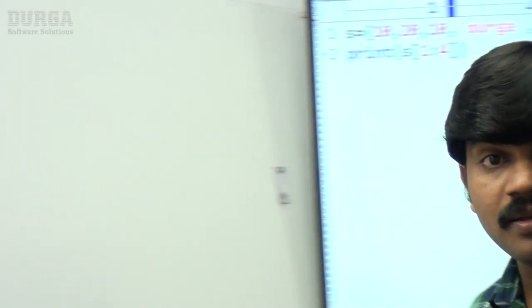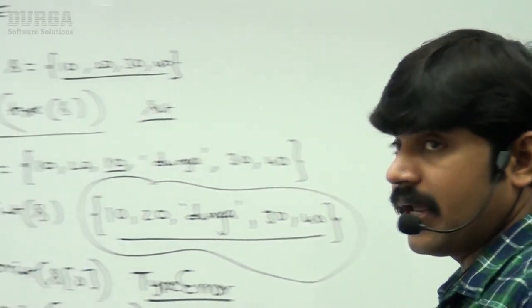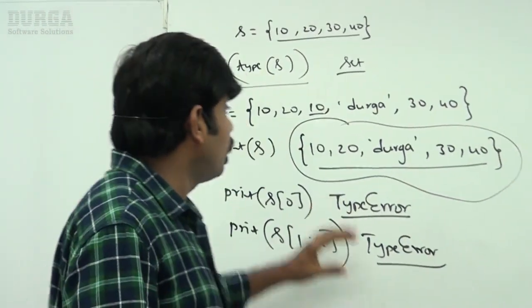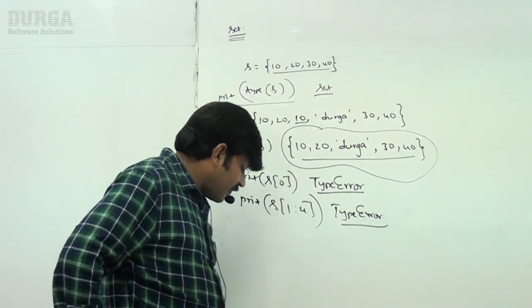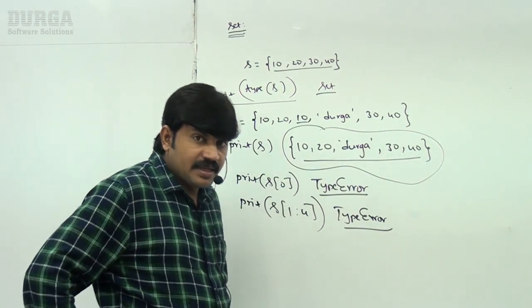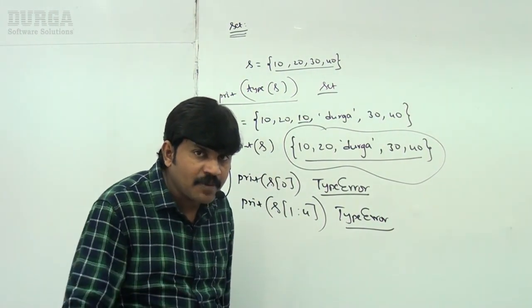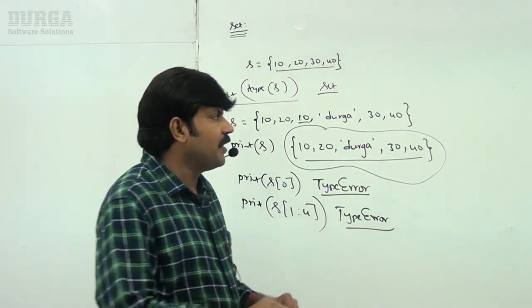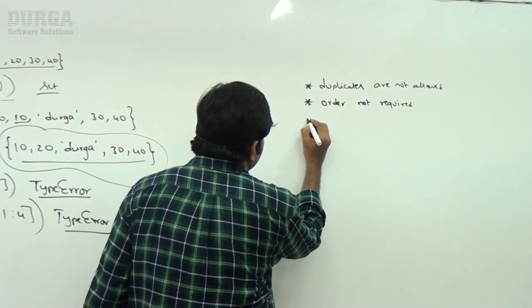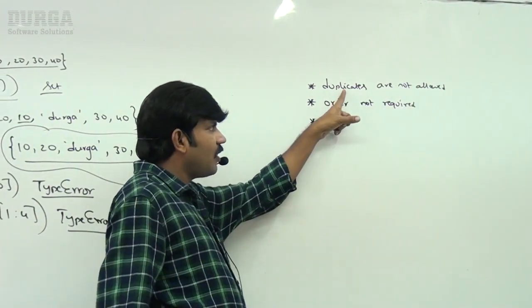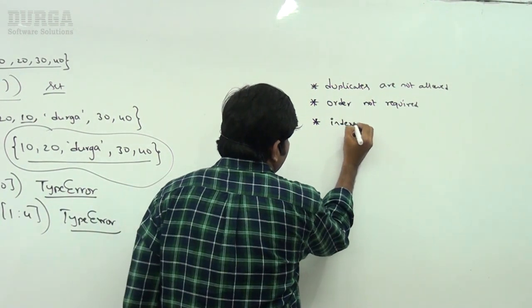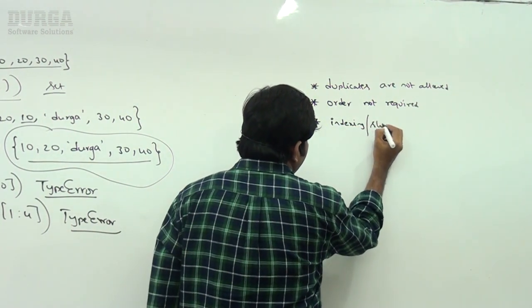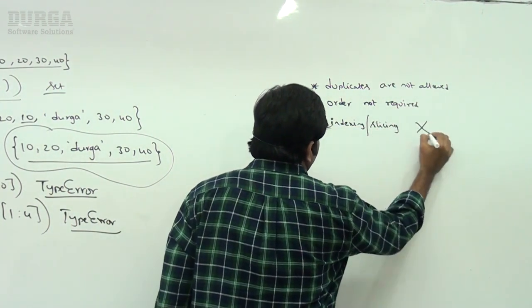Is everything very clear for you, right? You should have clarity about this terminology. Any doubt? Can you please tell me, for a set, is indexing and slicing applicable or not? Not applicable. Now here the third point: duplicates are not allowed, order is not required, and indexing and slicing concepts are not applicable.